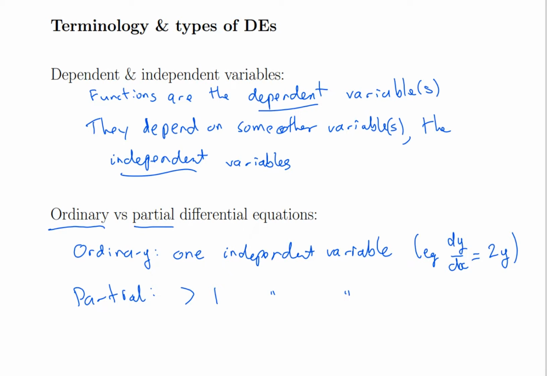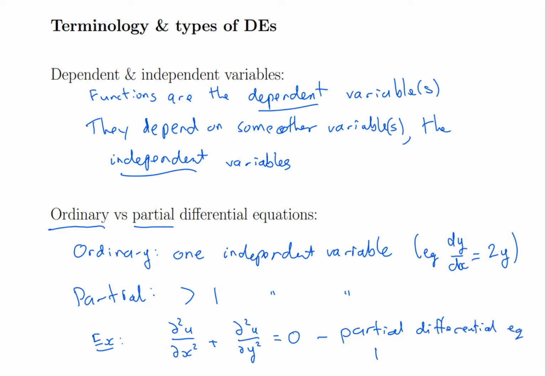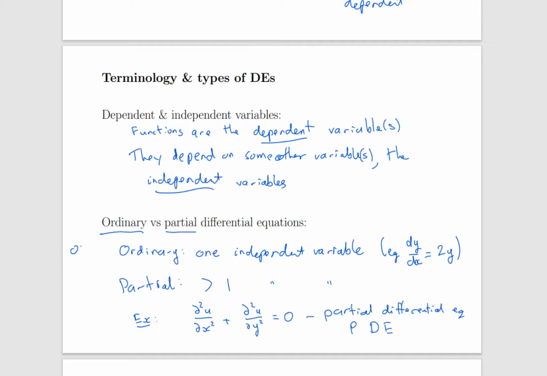You might remember this from 161.01 calculus. So for example, the second partial derivative of u with respect to x plus the second partial derivative of u with respect to y equals 0. That is a partial differential equation, often abbreviated PDE. Ordinary differential equations are abbreviated ODE.